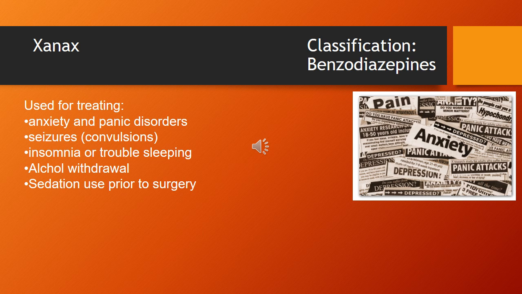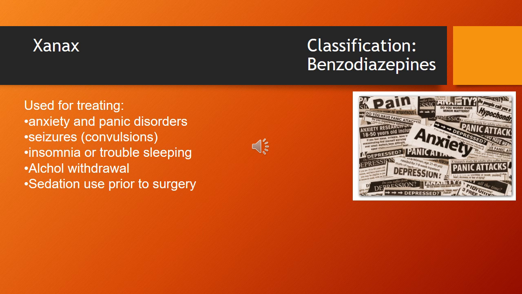Okay, we're moving on to our next medication that we're going to be looking at, and it is Xanax. It's in the benzodiazepine classification, and is used for anxiety and panic disorders, seizures and convulsions, insomnia or trouble sleeping, alcohol withdrawal even, and then sedation prior to surgery.